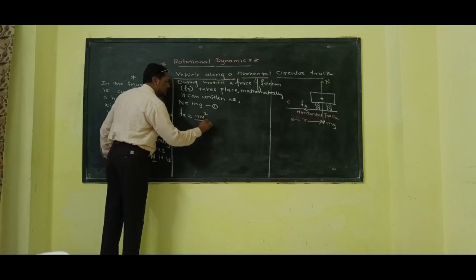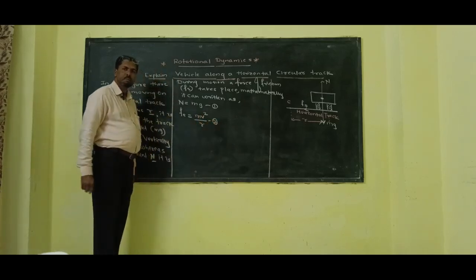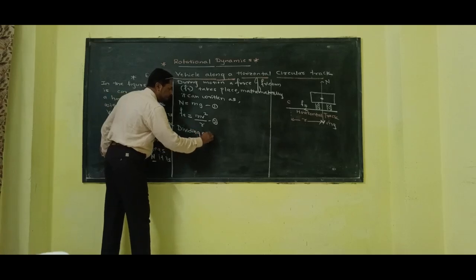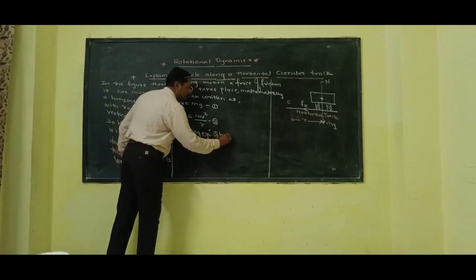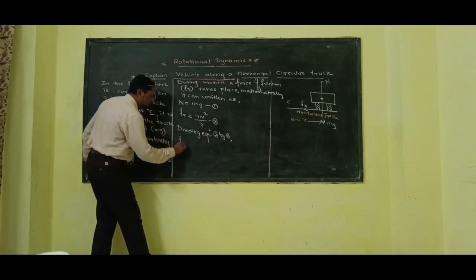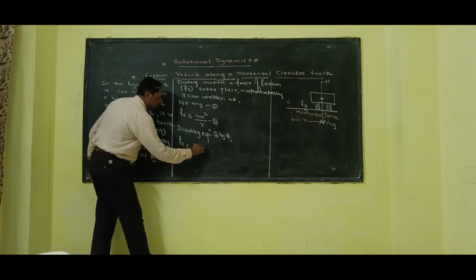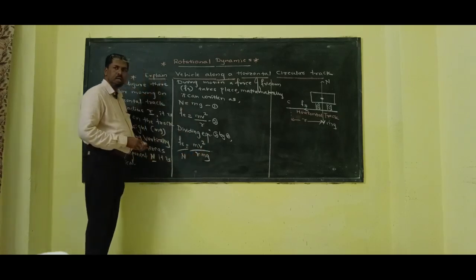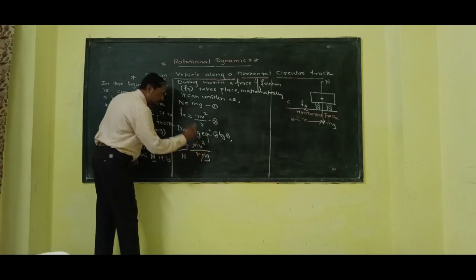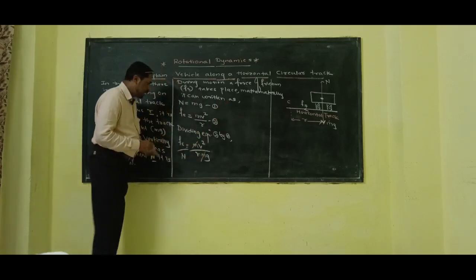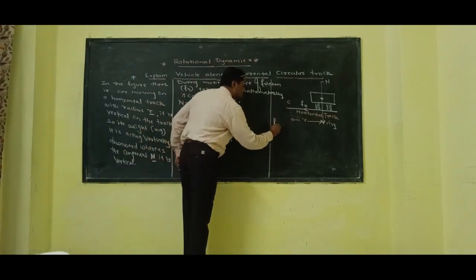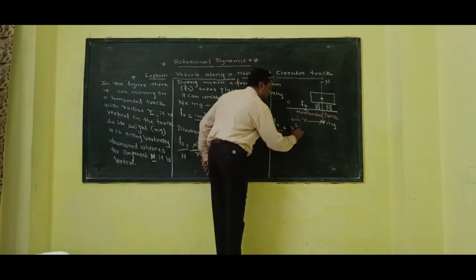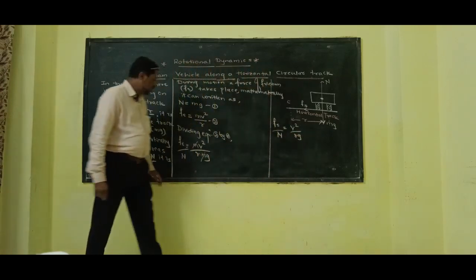The general formula is mv square by r, equation number two. Dividing equation 2 by 1, we get Fs upon N is equal to mv square upon r into mg. Here the factor m gets cancelled, and we get Fs upon N is equal to v square upon rg.